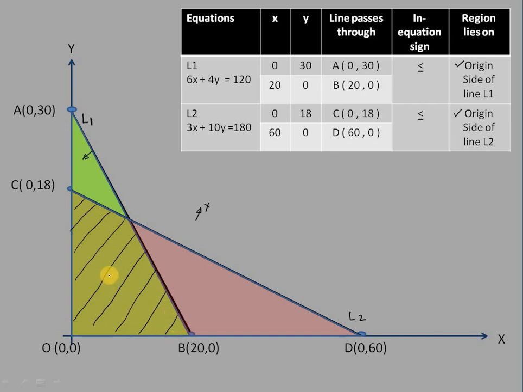And this is the feasible region of our linear programming problem. Now this is point P. So which is the feasible region now? The quadrilateral OCPBO. So OCPBO is our feasible region.